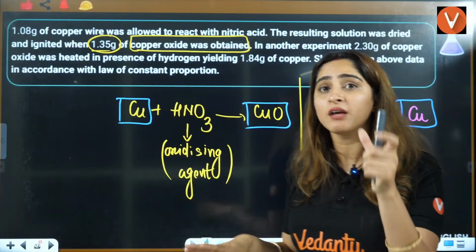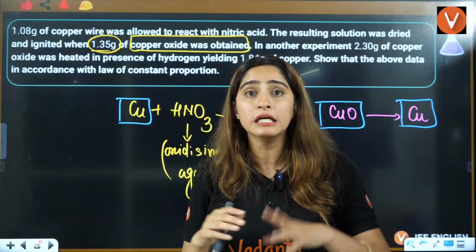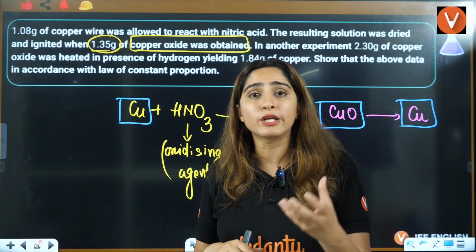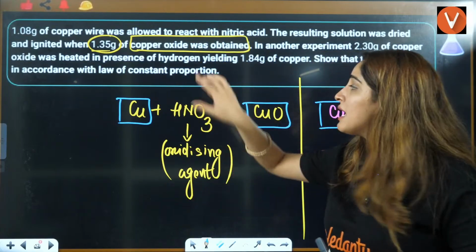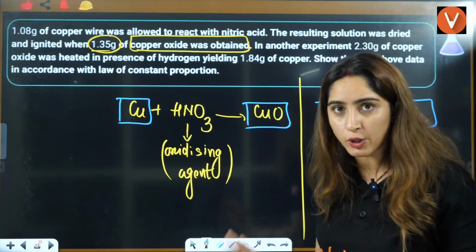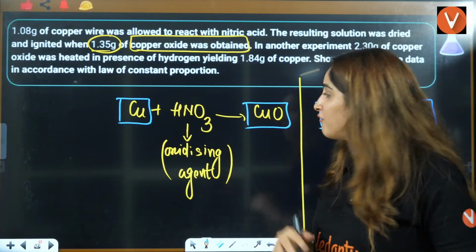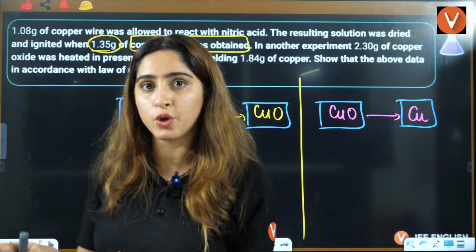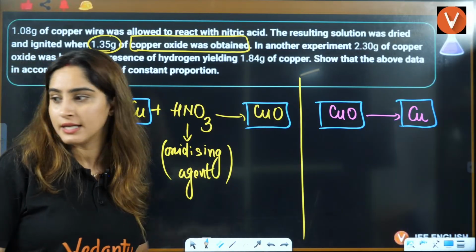This is the way, because right now you are in the initial stage of understanding the numericals of physical chemistry. First, see what the question is. Then write down whatever is given to you. Don't jump into solving the question. Then see what they have asked, and then try to correlate what you can do here.